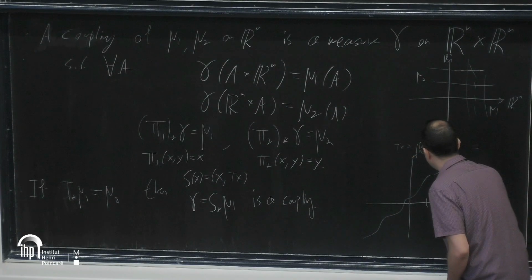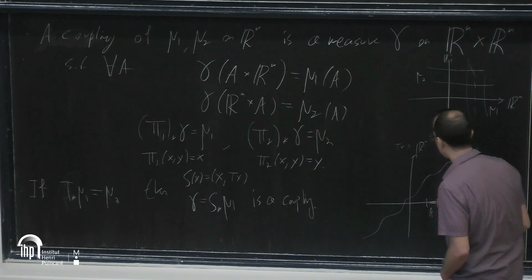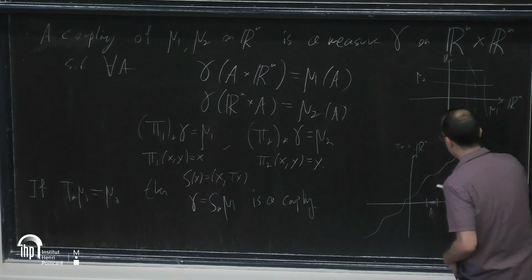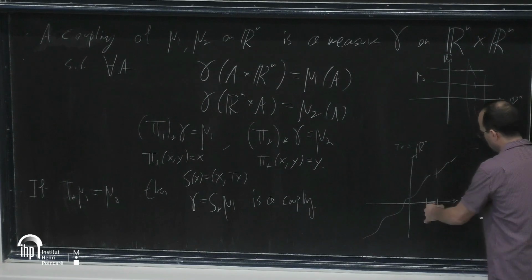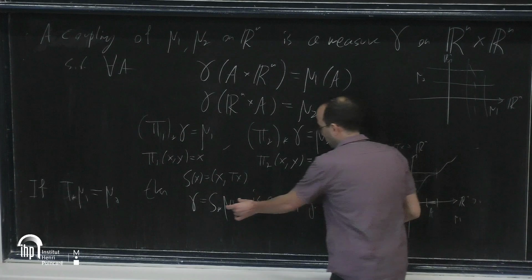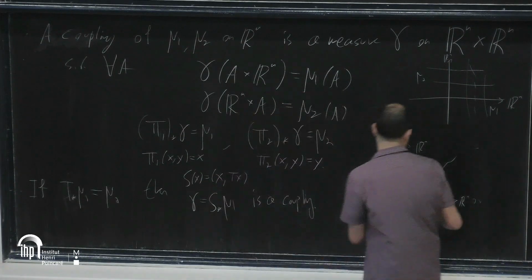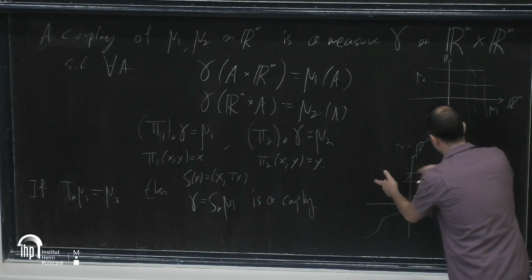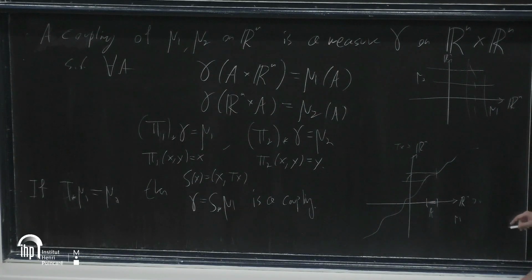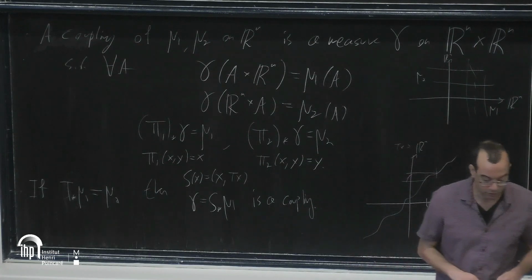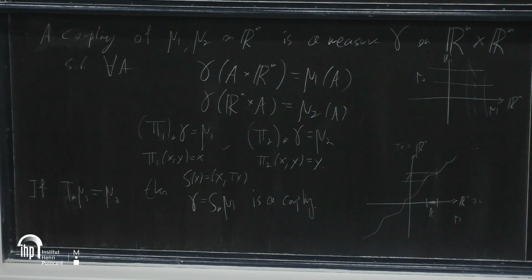Whenever I take a subset A here, gamma is such that it has the same measure because this projection gives me A. But if I look at the other projection, because T is a transport map, I'll get the measure mu2 of this set. Okay, so therefore this is a coupling. And in fact, there are many, many couplings. The space of all couplings is a convex set.